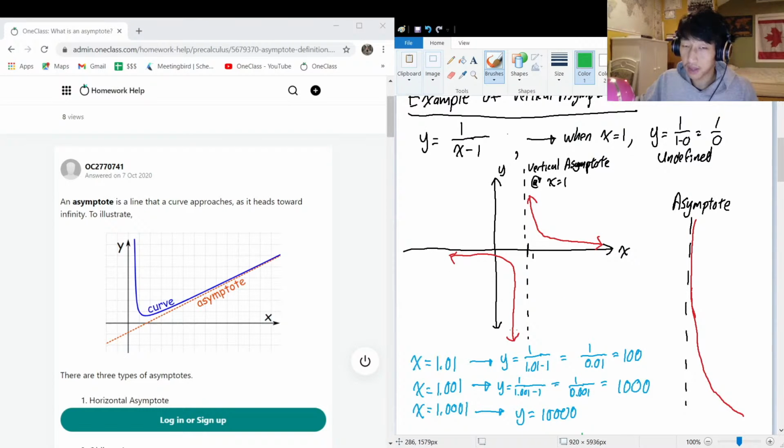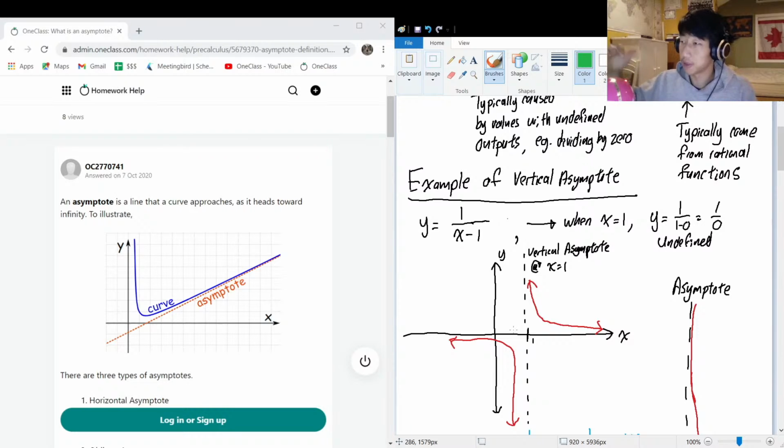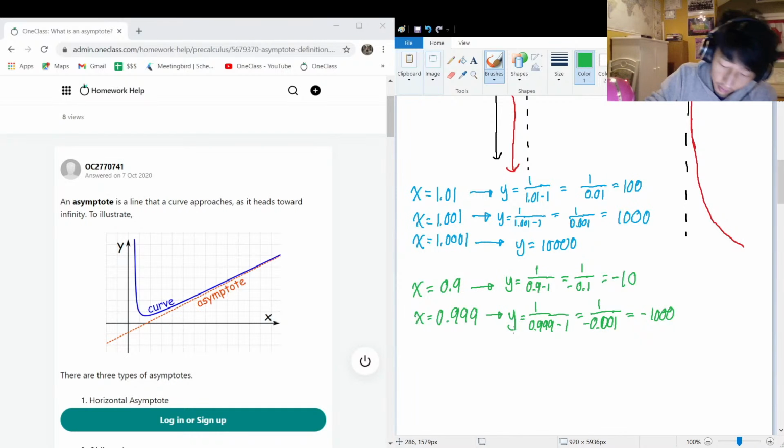Okay, so that's cool. Now, another thing that we can see is horizontal asymptotes. So this is a vertical asymptote. Typically, you'll have things rising up towards infinity or going down towards infinity. I'll actually write that out so that it's a little bit more clear.